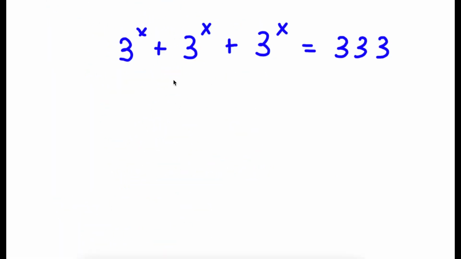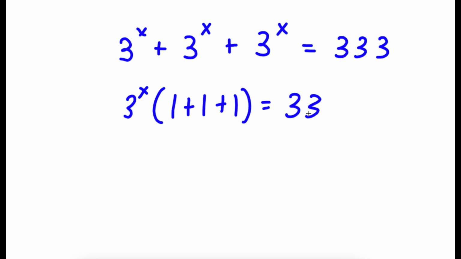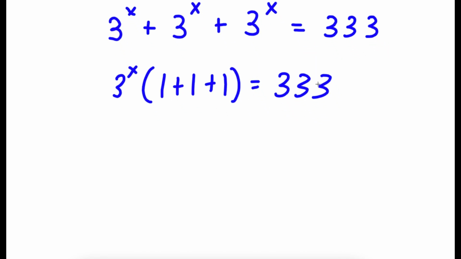Alright, so in this problem, I have 3 to the power of x plus 3 to the power of x plus 3 to the power of x is equal to 333. So to solve this, I'm going to first start by factoring out 3 to the power of x. So I have 3 to the power of x times 1 plus 1 plus 1 is equal to 333. Now 1 plus 1 plus 1, that's simply equal to 3.